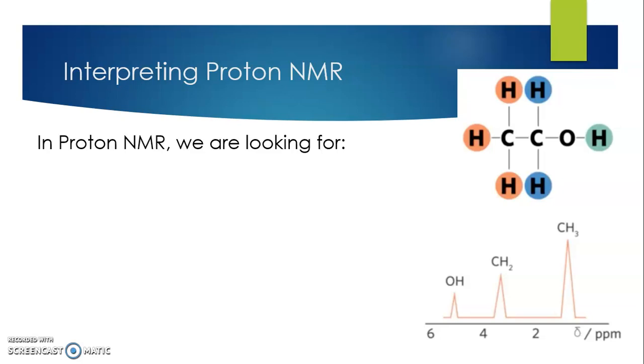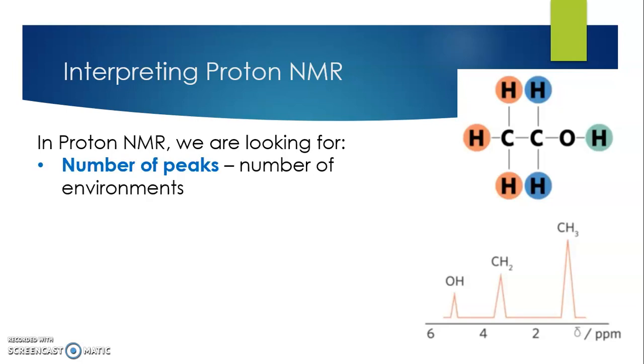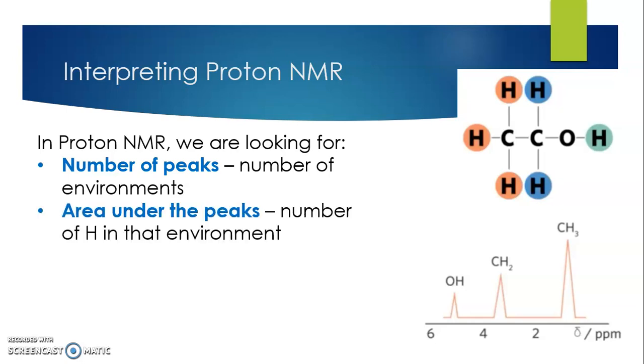So, in proton NMR, we are basically looking for the number of peaks, which correspond to the number of hydrogen environments in a molecule. And the area under the peaks normally gives us an indication of how many hydrogens are there in that environment.